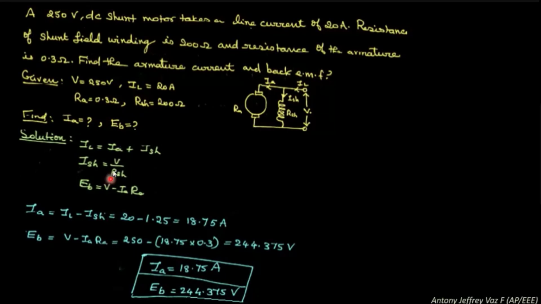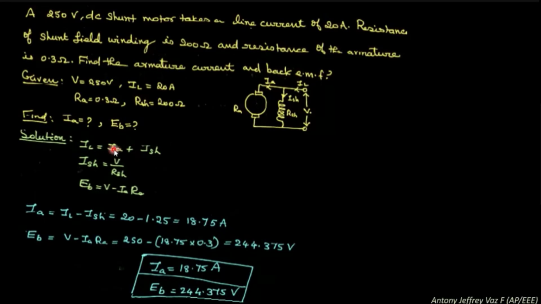How will you find ISH? You know V and RSH. V is 250 volt and RSH is 200. You will get ISH. Substitute this ISH value here. IL is given, so with the help of this formula you can find the armature current IA.